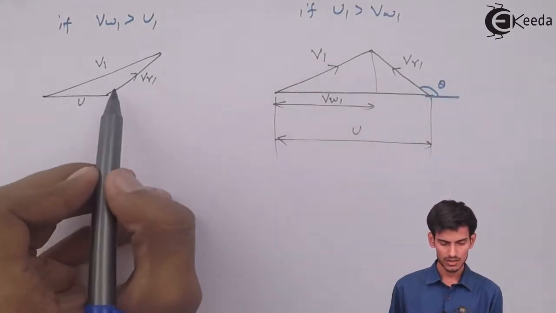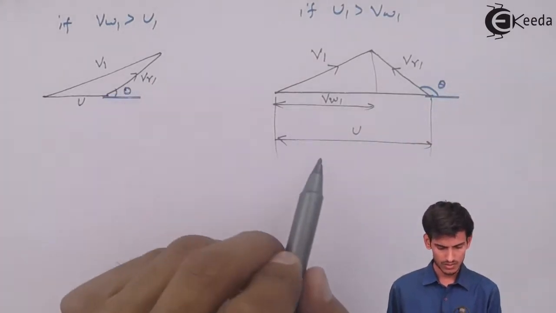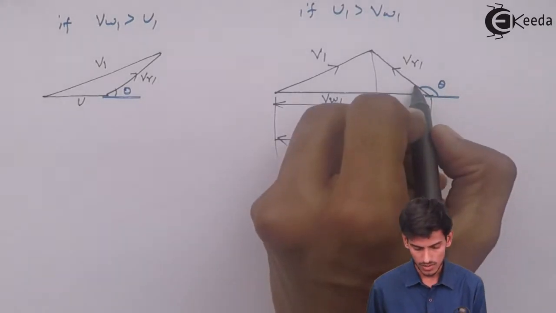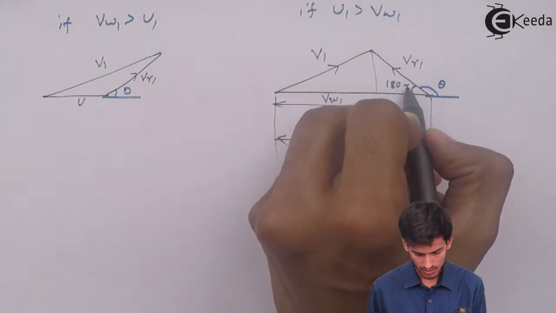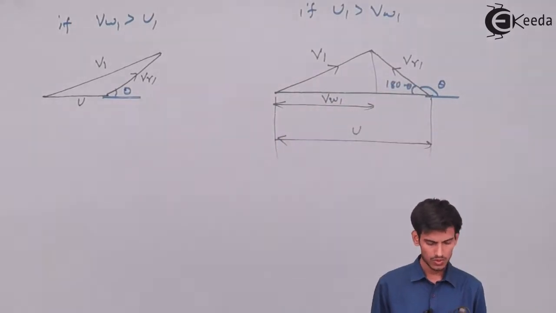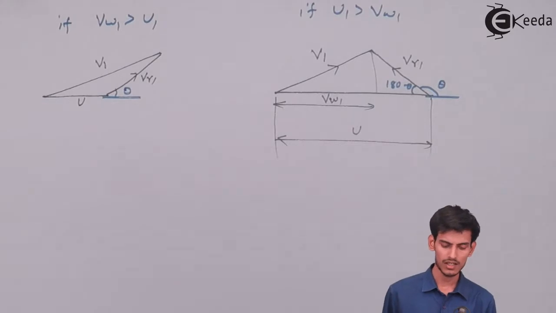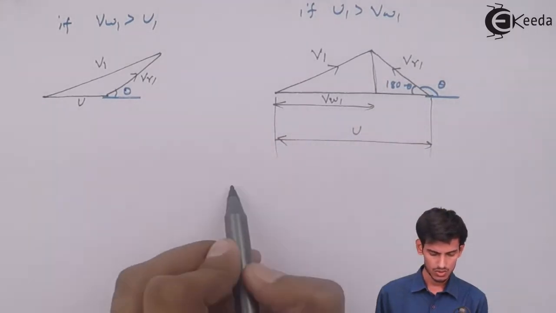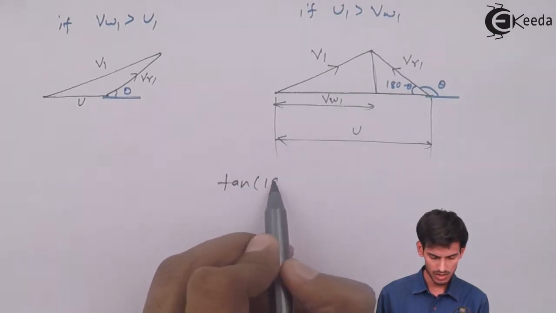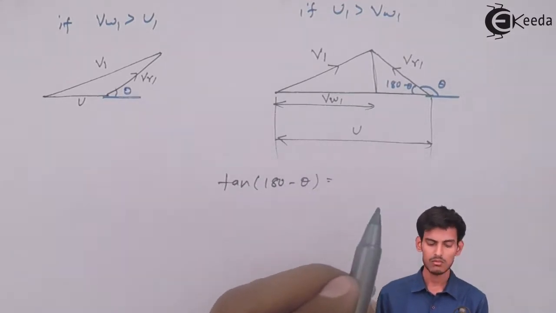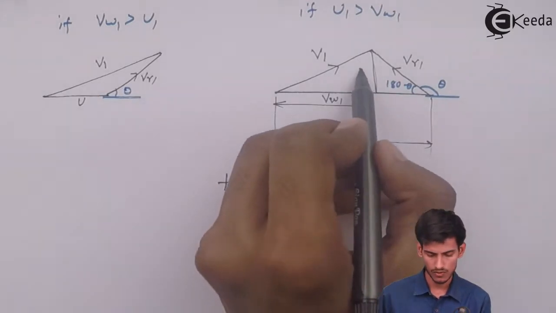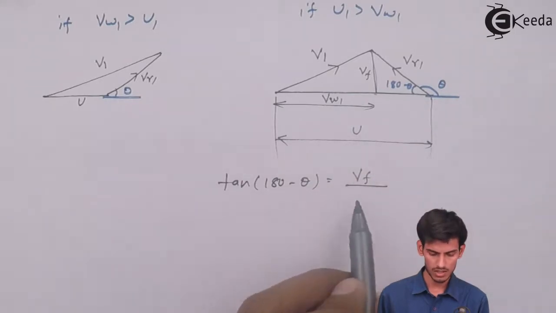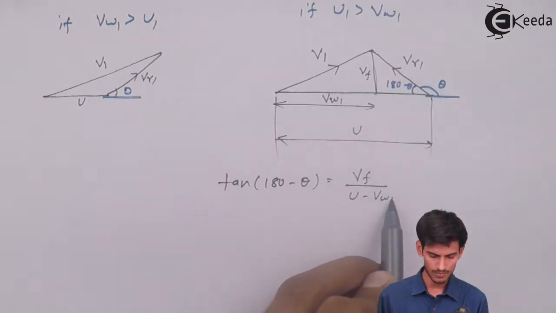So this is theta. I have to calculate the value of theta. So this angle becomes 180 minus theta. Using trigonometry, tan of 180 minus theta is nothing but the opposite side, which is the flow velocity, upon the adjacent side, which is u minus Vw1.